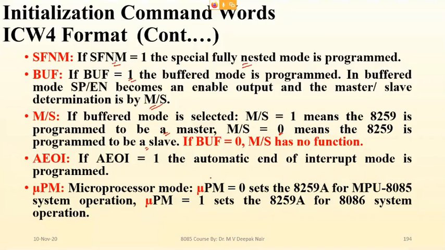Then AEOI, that means automatic end of interrupt. It tells whether it is in that mode or not. We will check what this particular mode is. And last, whether the microprocessor connected is 8086 or 8085. If the last bit D0 is 1, then we are using 8086, and if it is 0, then 8085.